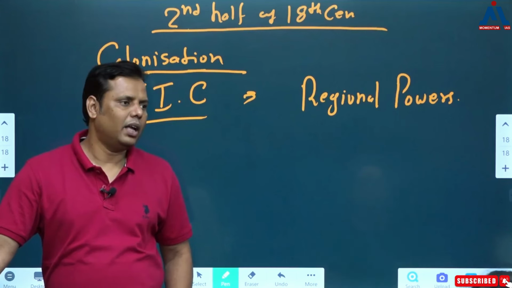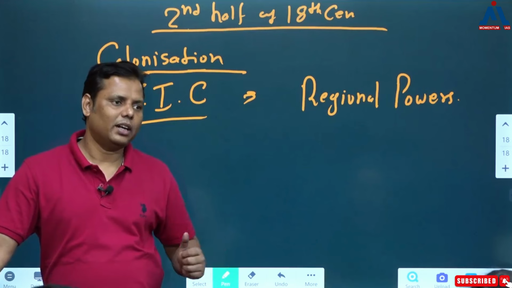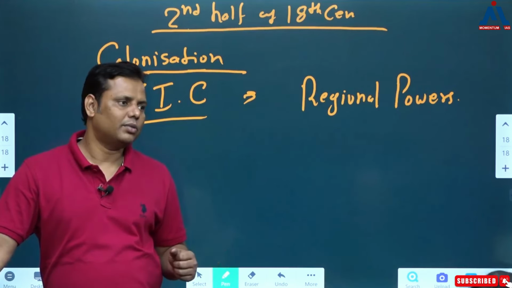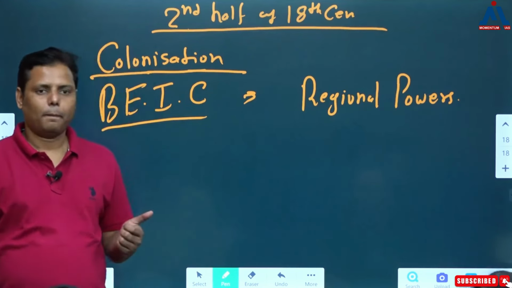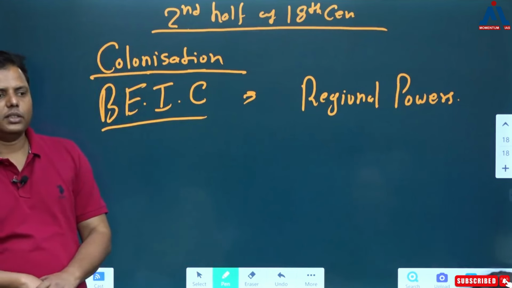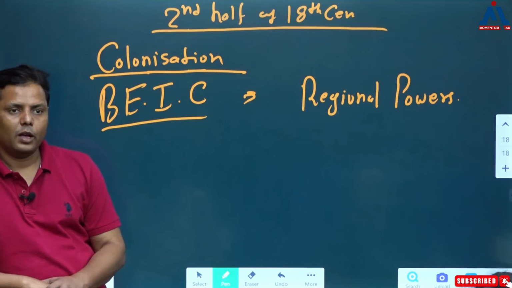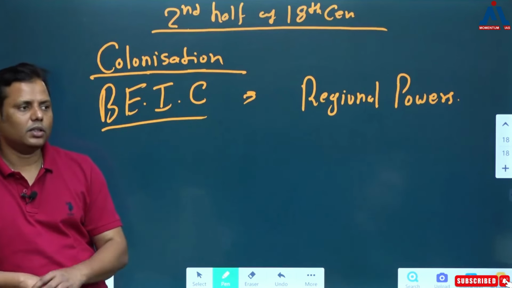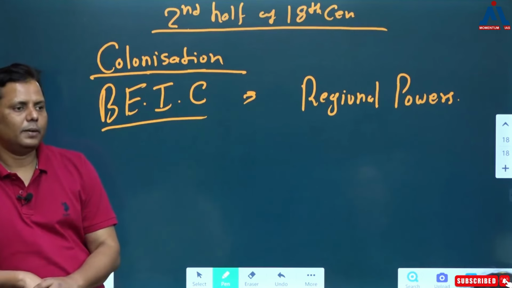I think you must remember this. The Battle of Plassey was fought against Bengal. The Battle of Buxar was fought against Awadh, precisely Awadh. The Carnatic wars were fought against Hyderabad and Karnataka. Then the Anglo-Mysore wars, Anglo-Maratha wars, Anglo-Sikh wars, and that's how that process was completed.